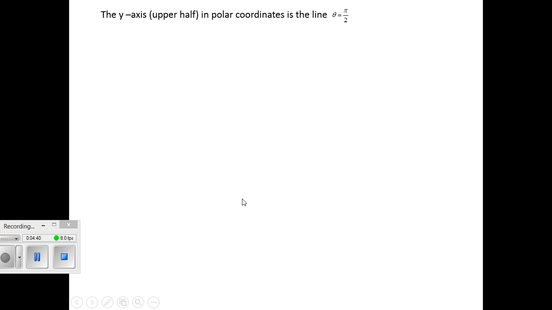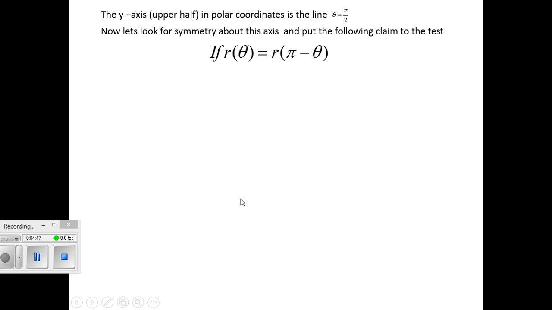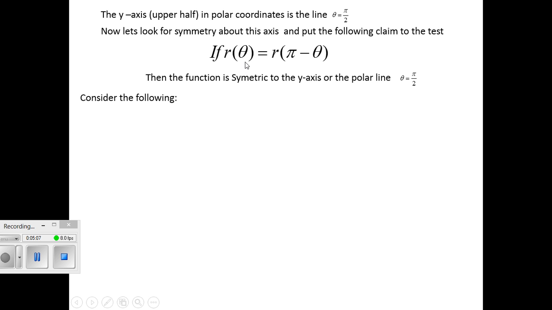Then, of course, we also talk about the symmetry about the radial line theta equals pi over 2, and that's going to be true when any angle is replaced with its supplement of sorts. So if theta is the angle, the supplement will be pi minus theta.